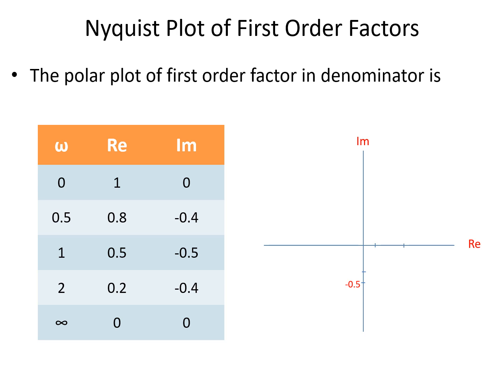And for these values, the plot you are going to get is like this: omega equal to 0, 0.8, 0.1. So some values we are plotting, and we are going to get a curve like this for a first order factor in the denominator, which is nothing but called a first order pole.